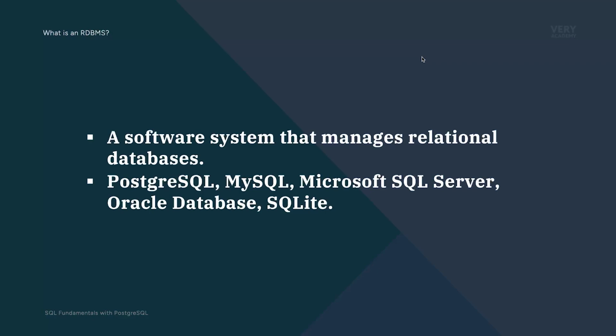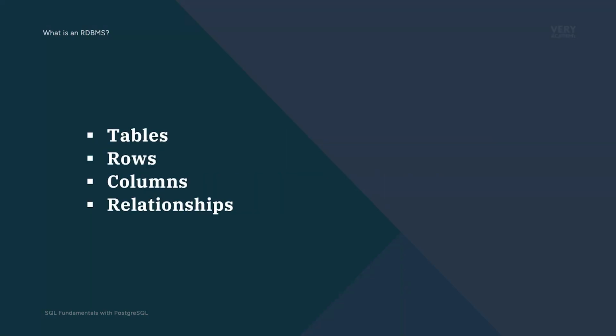So the skills you learn in this course, you can transfer them over to utilizing other relational database management systems. The key components of a relational database management system is that it provides the tools to create and structure data into tables, rows, and columns, and provide us tools such as relationships to build relationships between tables, between data, and this helps ensure efficiency, consistency, and accuracy of our data. Building, managing, administrating tables, rows, columns, and relationship is very much the focus of this course.